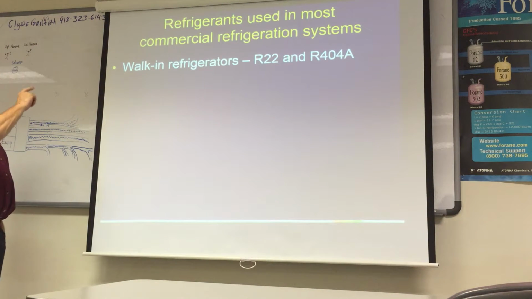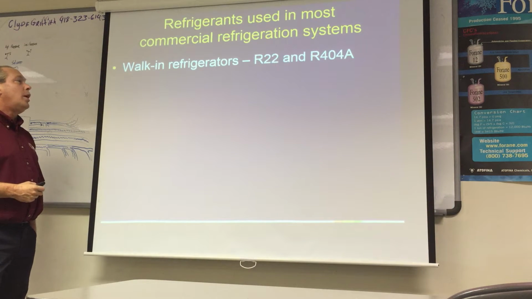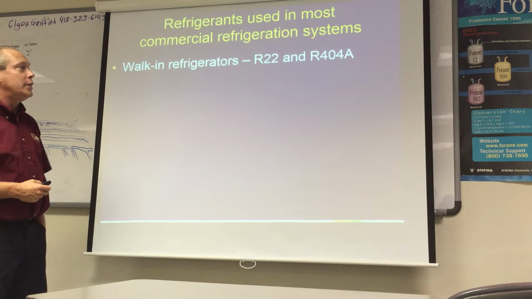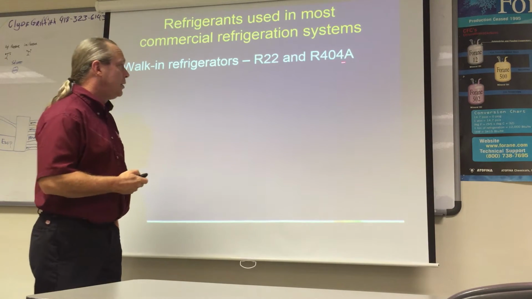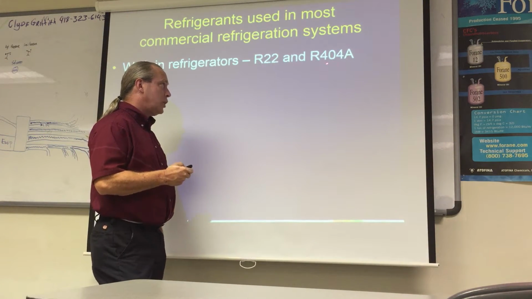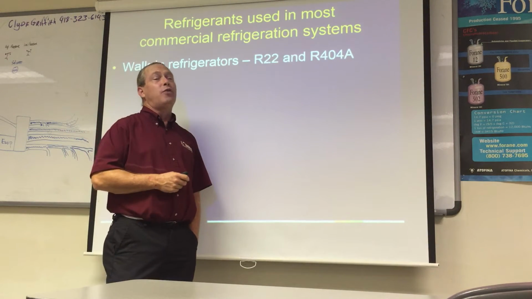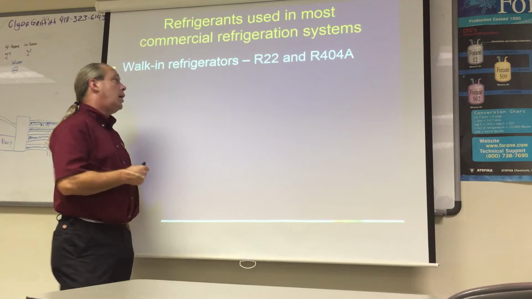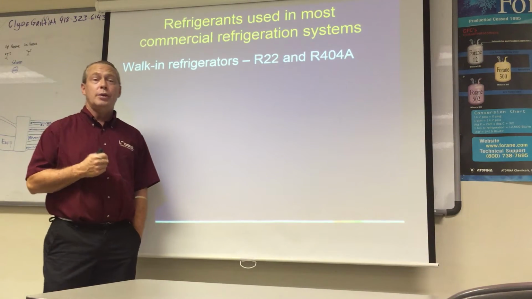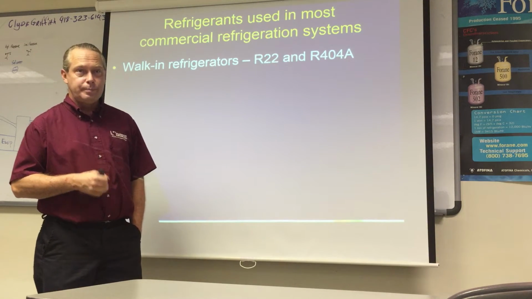Refrigerants used in most commercial refrigeration systems. Walk-in refrigerators, R22 is probably still very prevalent in the industry. The new refrigerant everyone's switching over to is 404A. 134A is extremely popular for refrigerators. Most of your domestic refrigerators will run 134A.